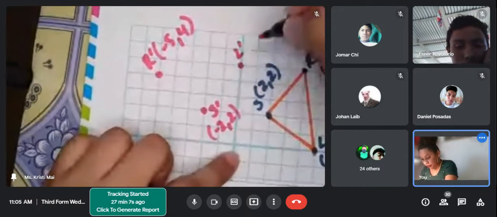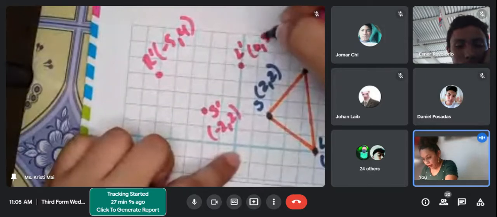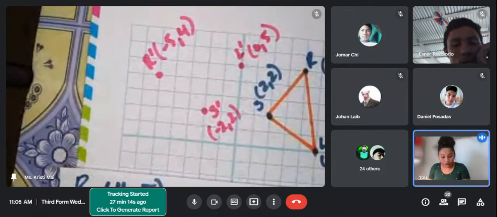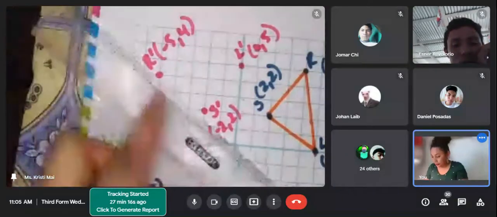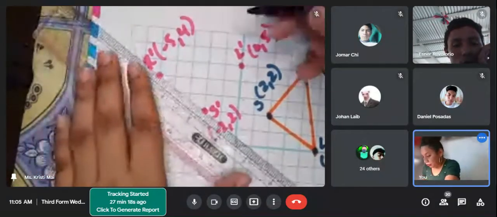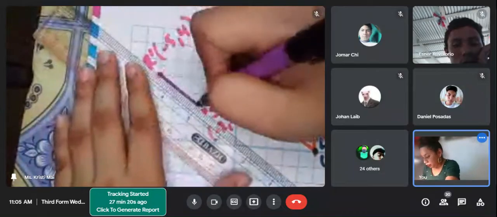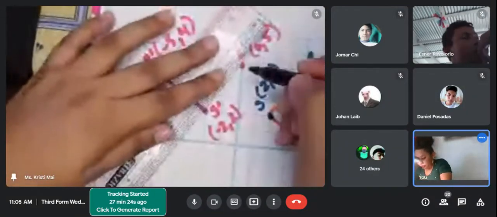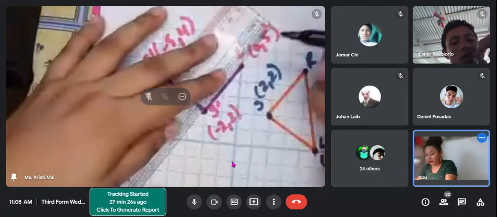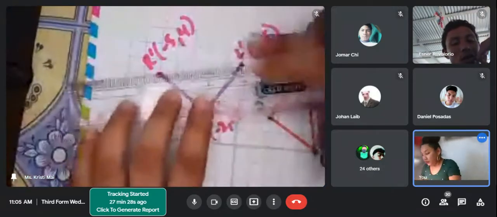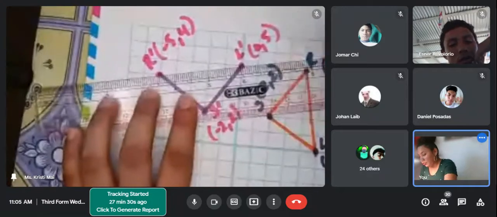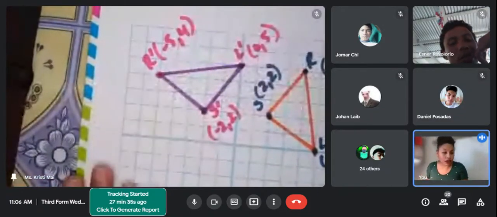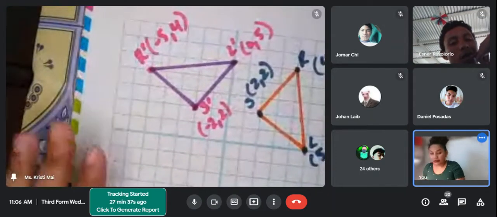This is going to be L1, 0, 5. And then I'm going to connect the points. And then there you go. You have the rotation.